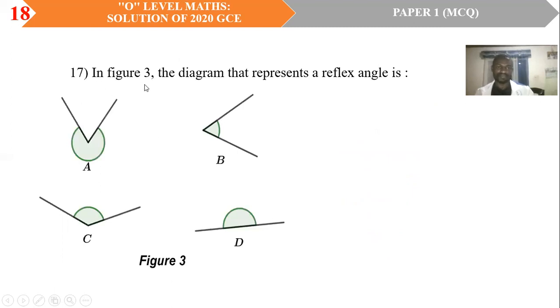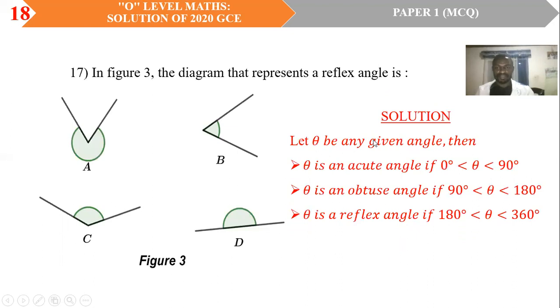Question 17. In figure 3, the diagram that represents a reflex angle is? Solution. Let theta be any given angle. Then theta is called an acute angle if theta lies between 0 and 90 degrees. This type of angle is the angle B, an angle that is less than 90 degrees and greater than 0.